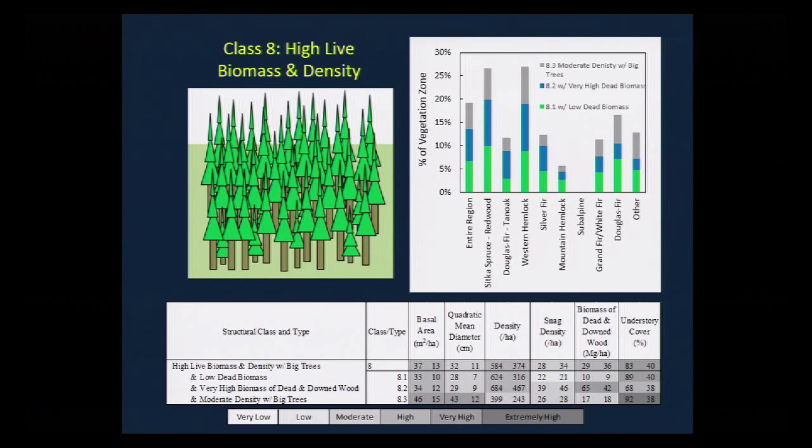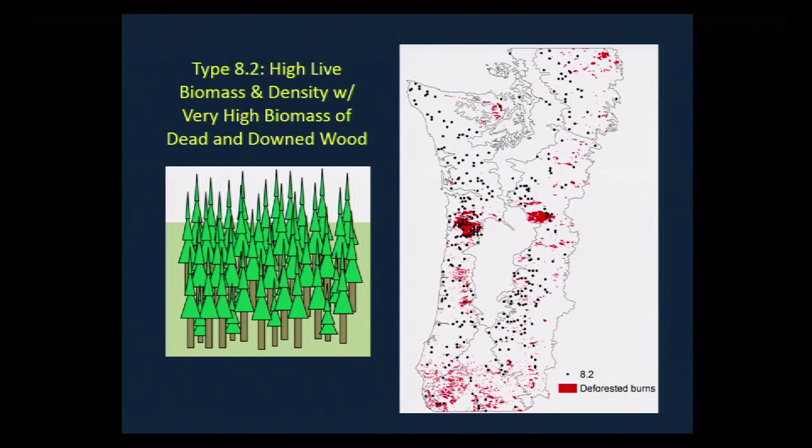And so some of the interesting things you can do with this is to take a closer look and dig in. One of these types has very high biomass of dead and down wood. And if we map this out on top of that map that I showed you at the beginning from the 1930s condition classes, we can see that, wow, some of these came in after the Tillamook burn.